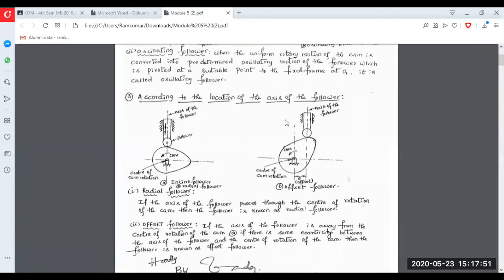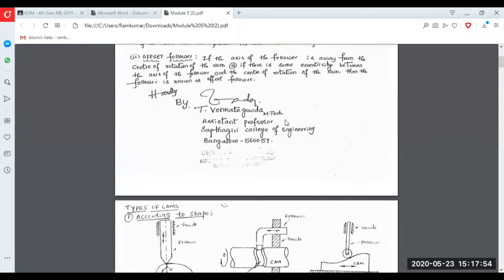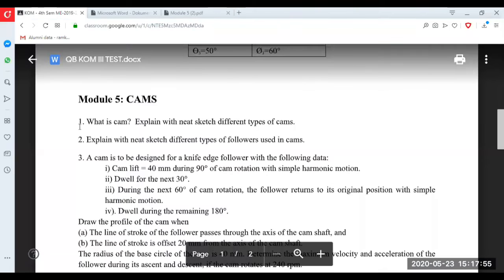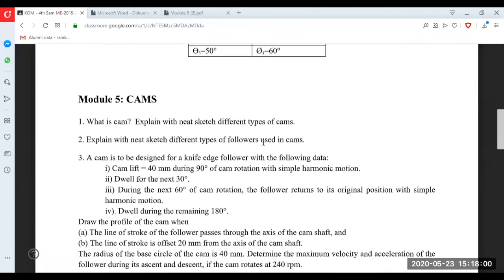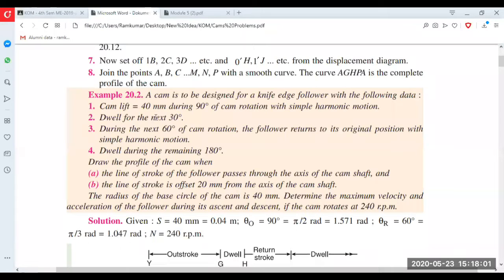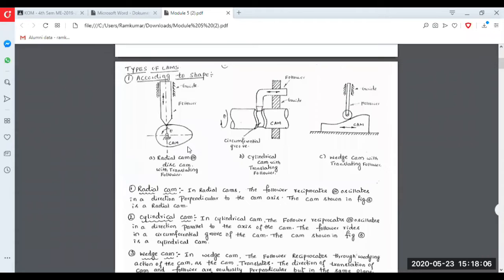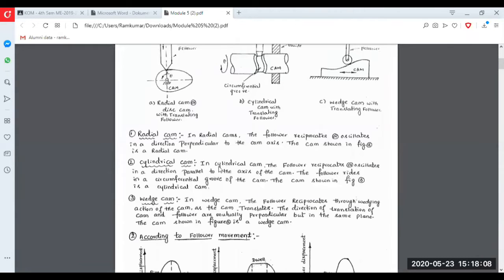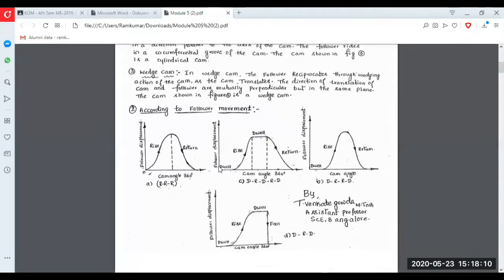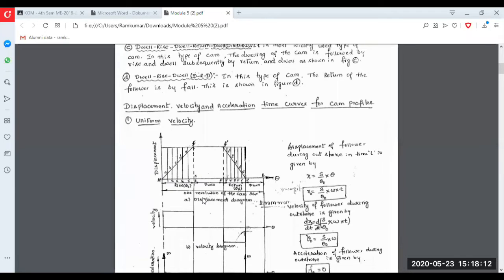So these two classifications you study: classification of cams and classification of followers. These two theory parts you can study for the test.